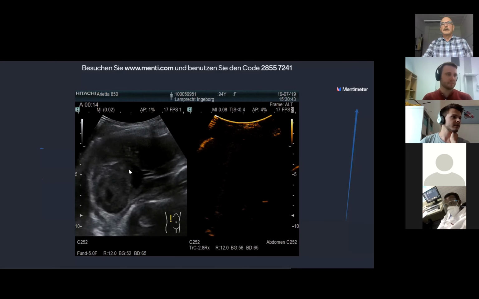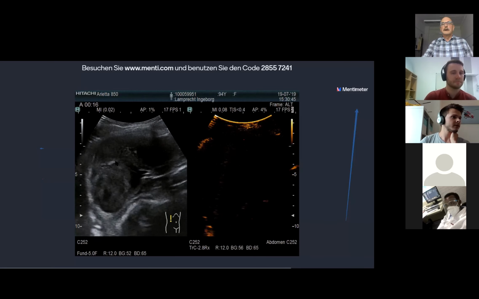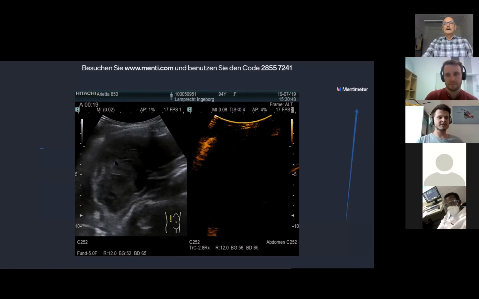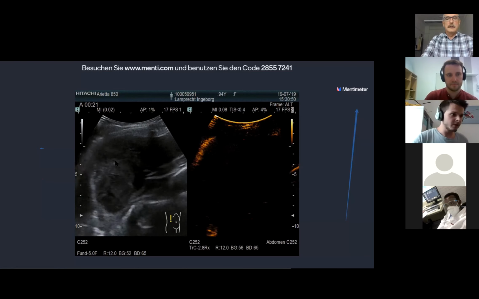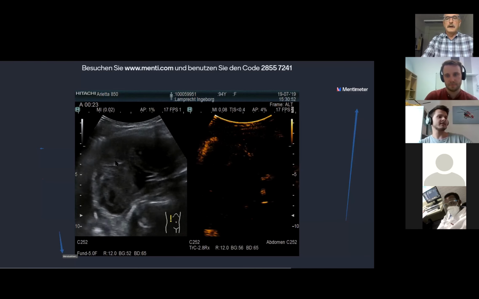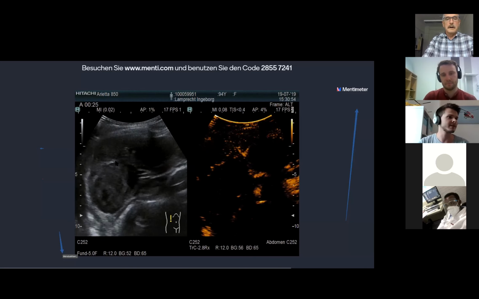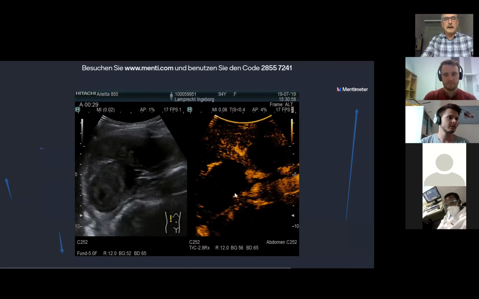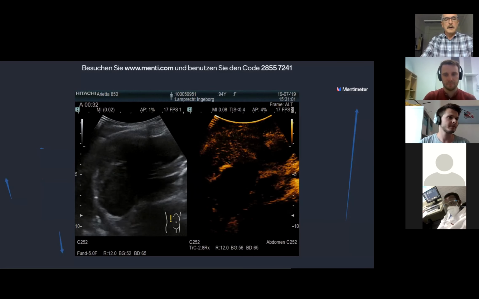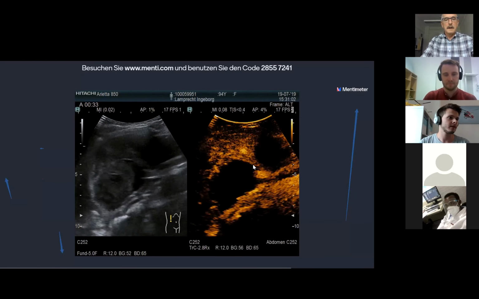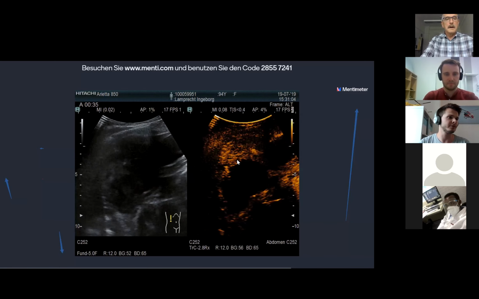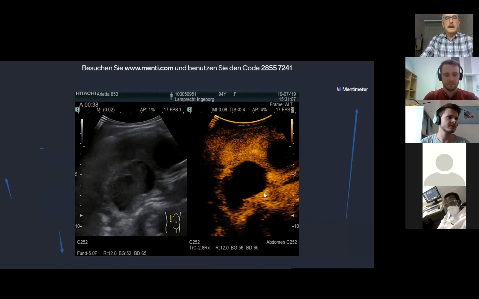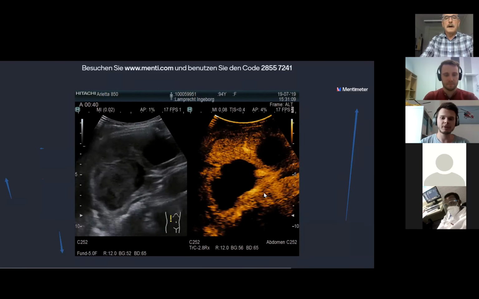And I think it's a good loop to see the differences and for which cases you can use contrast ultrasound. You don't have any perfusion here in the cyst. Perfect.